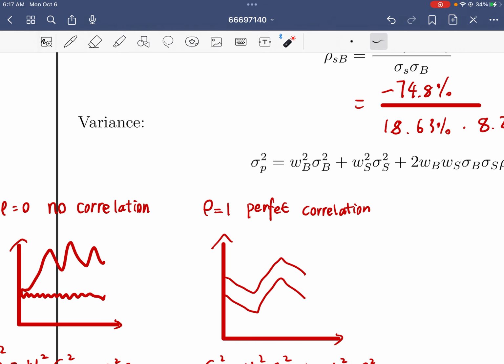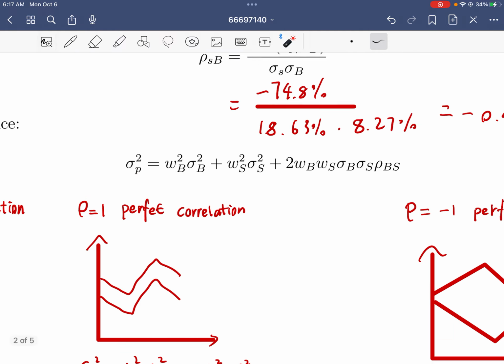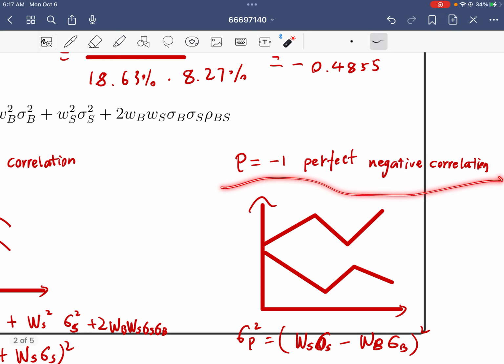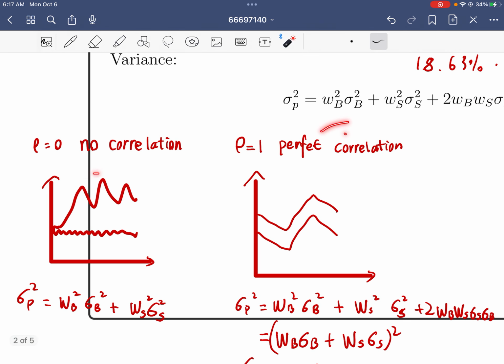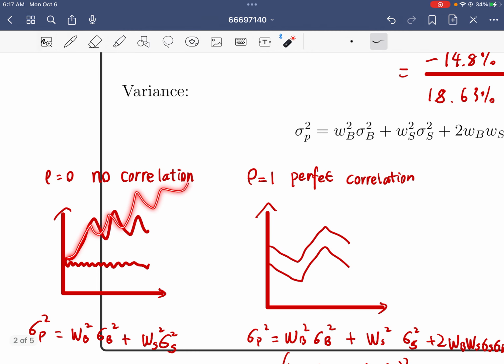For example, here we have 3 special cases. One is no correlation, one is perfect correlation, one is perfect negative correlation. For no correlation, one stock's price movement does not affect the other one, which keeps its own movement.